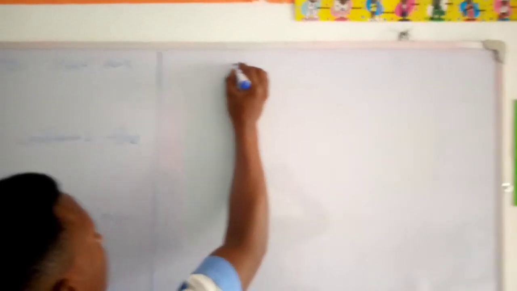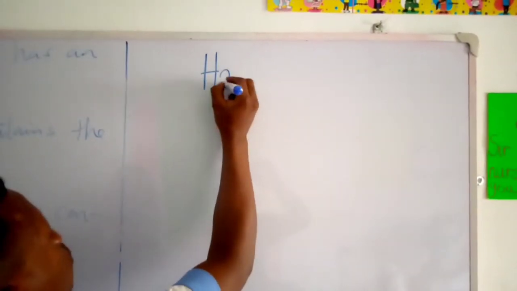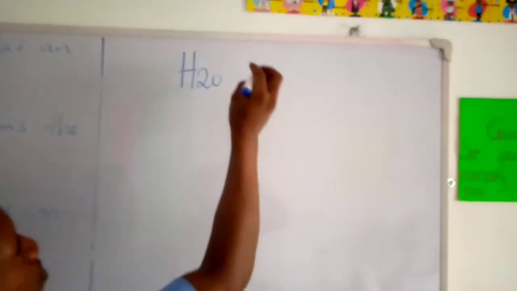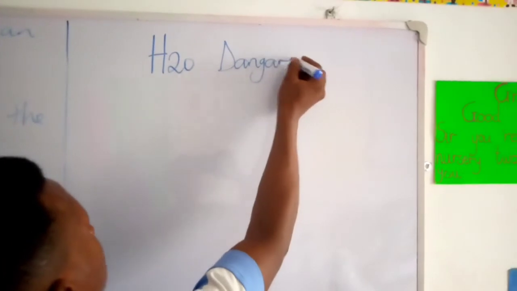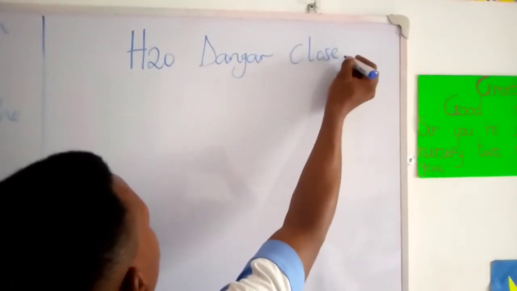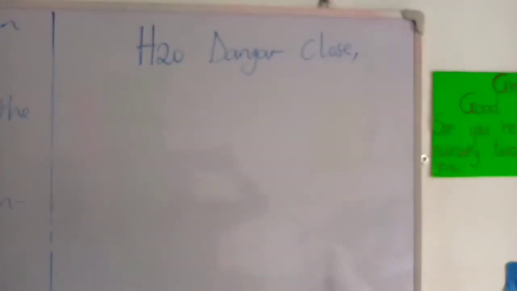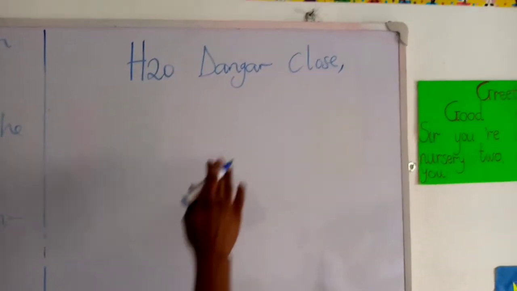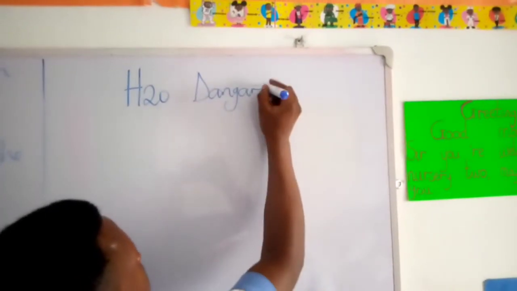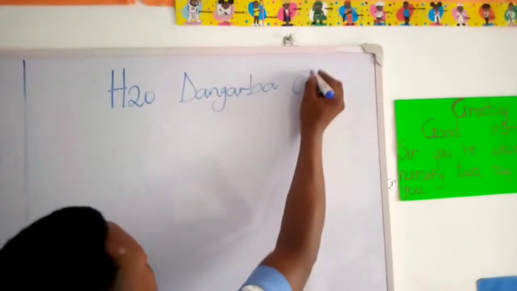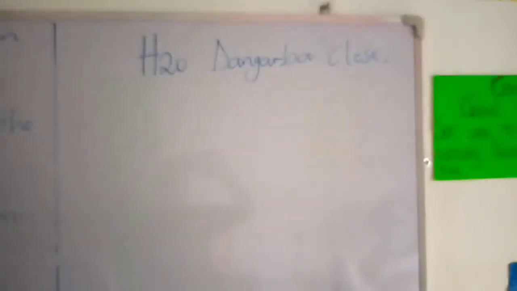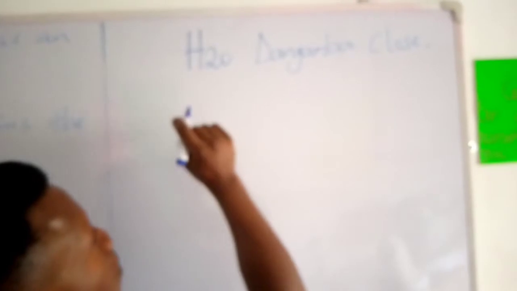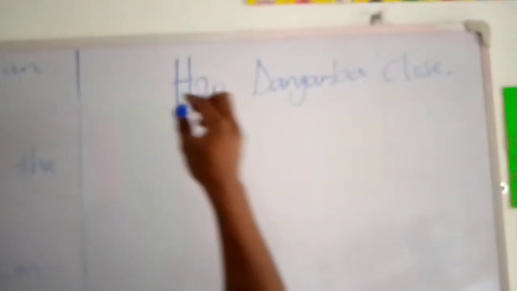House, H stands for house. House 20, Dangaba Close, comma. Where is Dangaba Close? For example, I'm just giving an example. House 20 Dangaba Close.